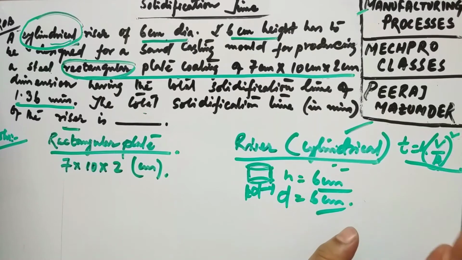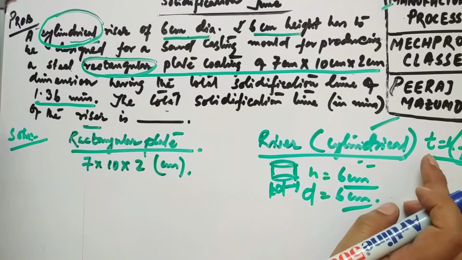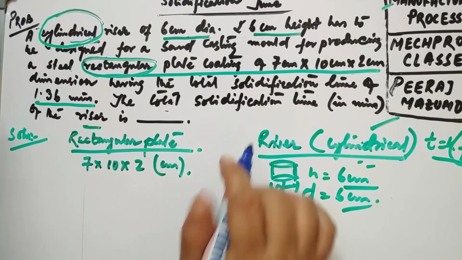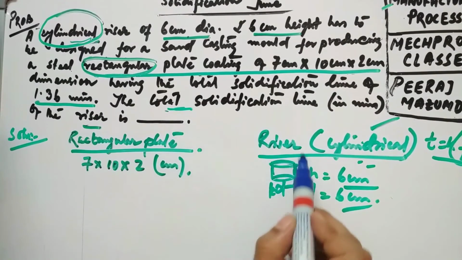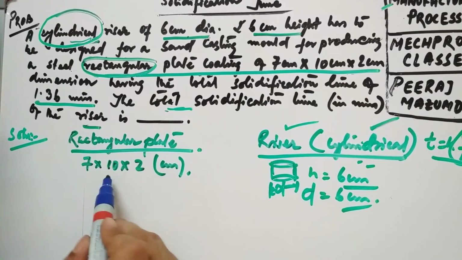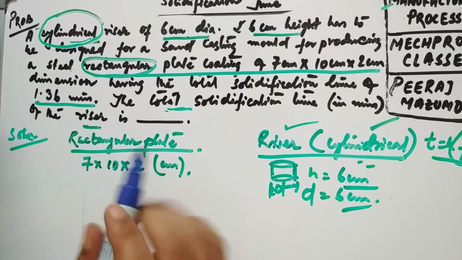Okay, simple. Now you just have to find the t for both of them, and then you have to find the total solidification time of the riser only. Okay, so first you have to find this one. Okay, so let us find.